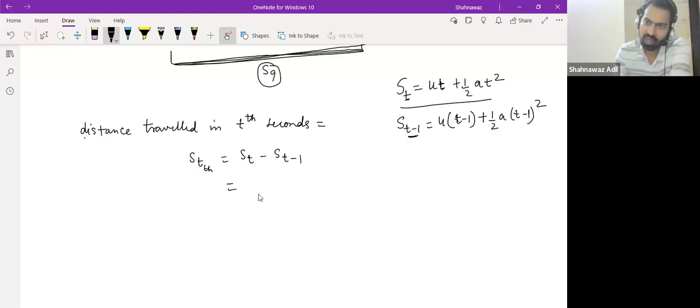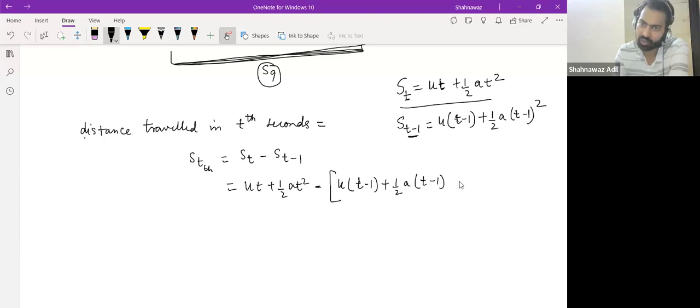Okay, so now just plug in the values. So this is ut plus half a t square minus of u(t minus 1) plus half a (t minus 1) whole square. So this is ut plus half a t square minus of ut minus u and plus half a, okay, I have to simplify this. t square plus 1 minus 2t.